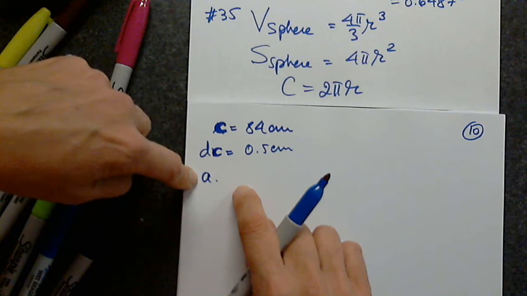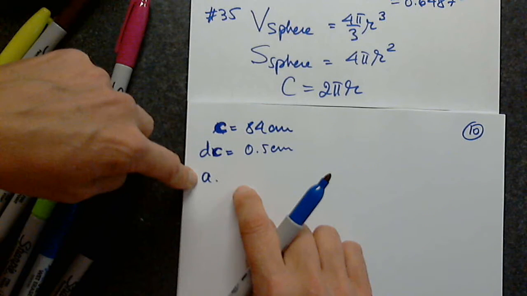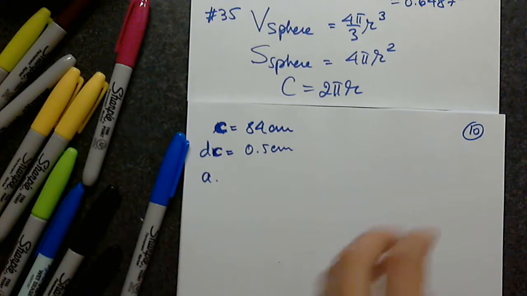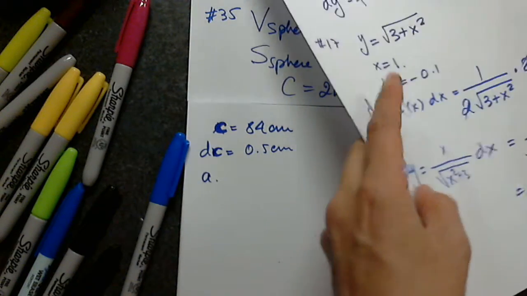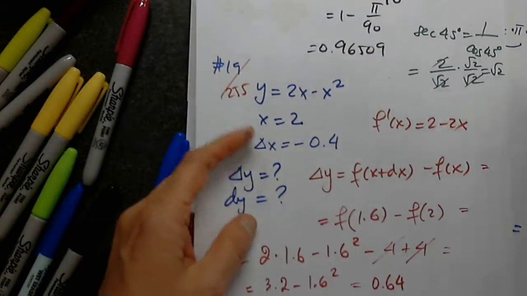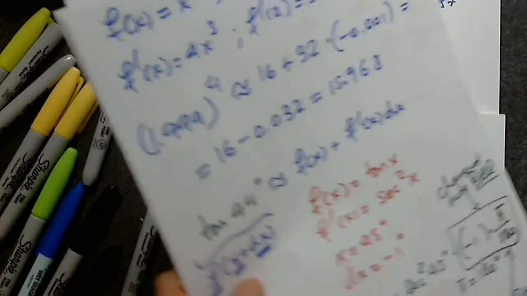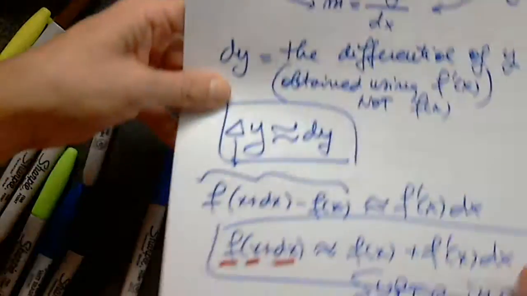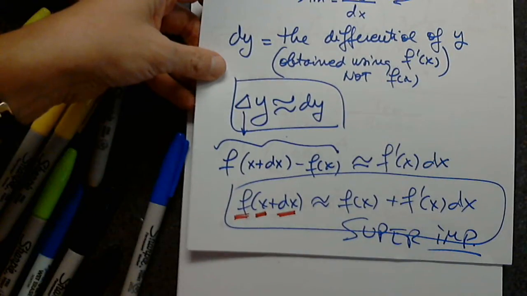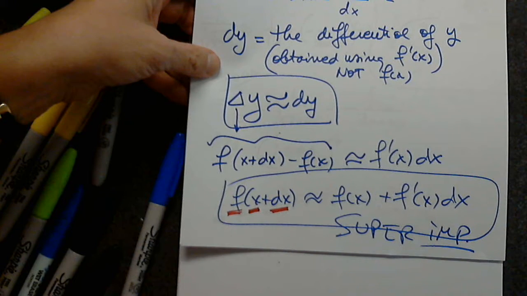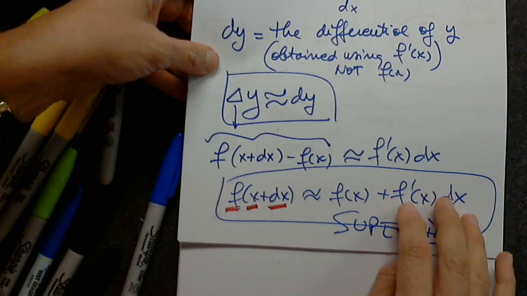How do I denote the error? Exactly. So this is the error.